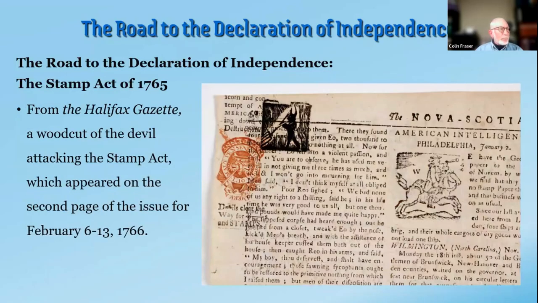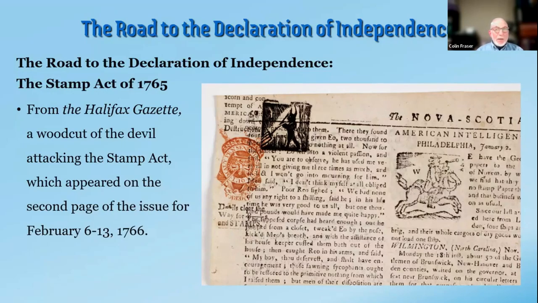Here's an example from the Halifax Gazette, and you can see the stamp on this sheet of paper, as well as this woodcut of the devil. There's a bit of subtlety here. The sheet of paper with the stamp is on page 2, not on the front page.